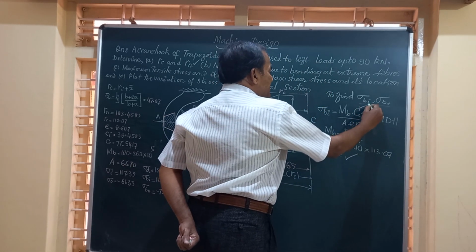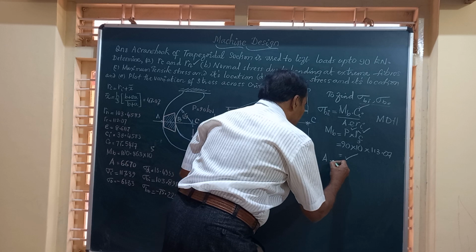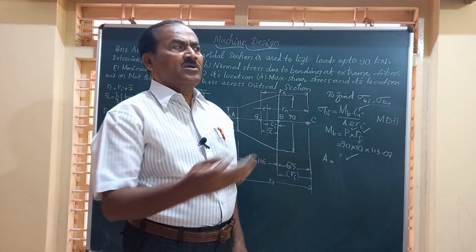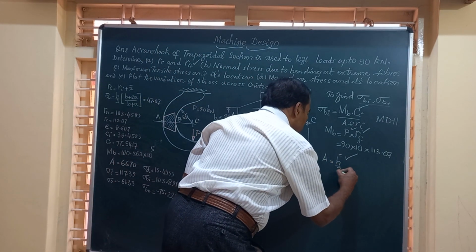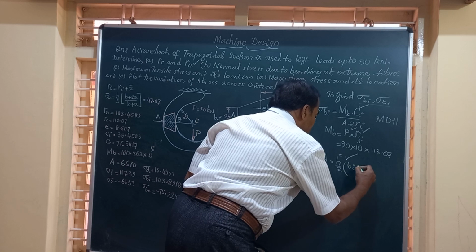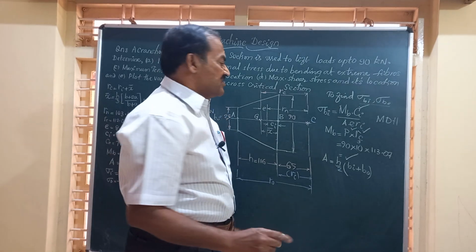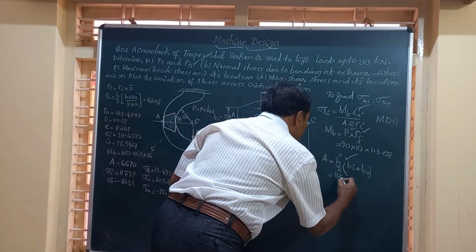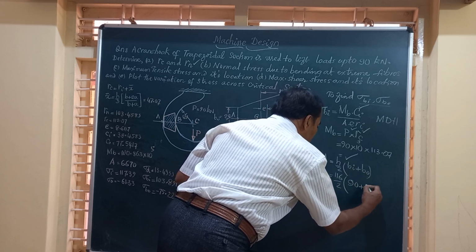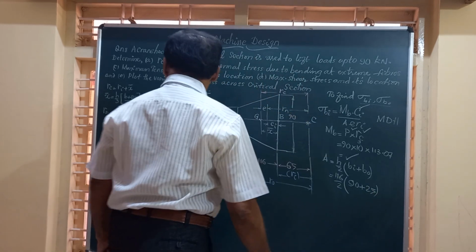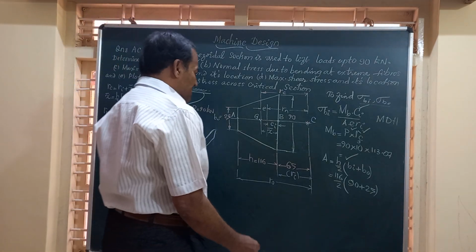Ci we have calculated, Ri is 65, E we know, and this A stands for the area of cross section of this trapezoidal section, that is given by the formula H by 2 into Bi plus B naught. That is half the height into sum of the parallel sides. That is 116 by 2 multiplied by Bi is 90, B naught is 25. Friends, you get this area of cross section. So you will be able to find out what the area is.